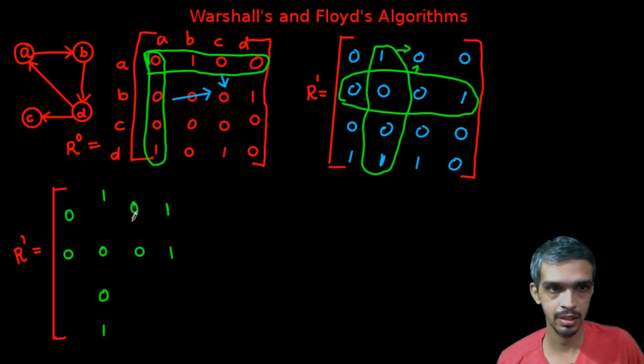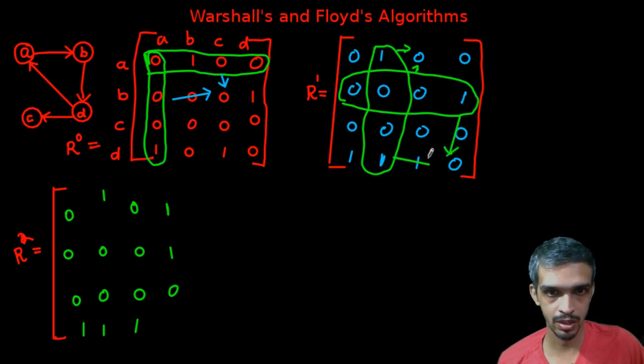So likewise, if you fill this, sorry, this one is not R1, this one is R2. So if you fill this, you can see that values are 0, 1, 1 and 1, 1, 1 and 1, 1.